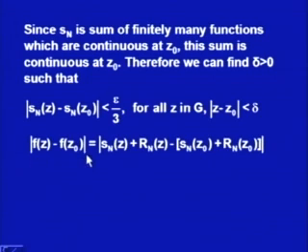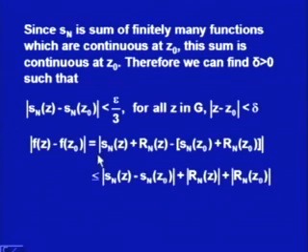Therefore, we can write f(z) minus f(z naught) as S_n(z) plus R_n(z) for f(z), and S_n(z naught) plus R_n(z naught) for f(z naught). So, this will be less than or equal to the modulus of S_n(z) minus S_n(z naught) plus the modulus of R_n(z) plus the modulus of R_n(z naught).